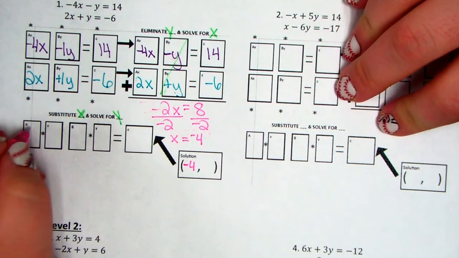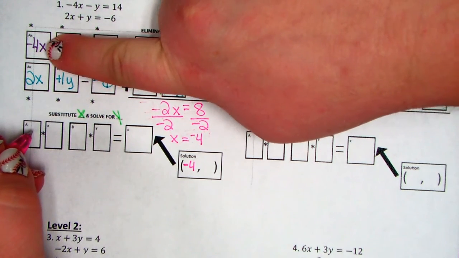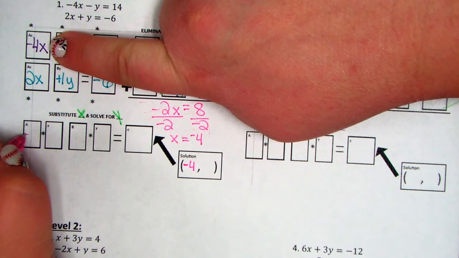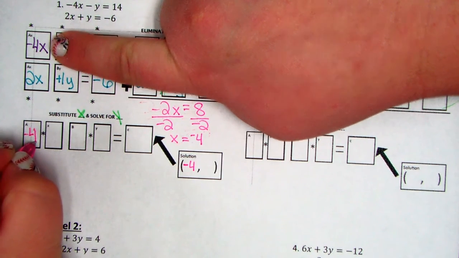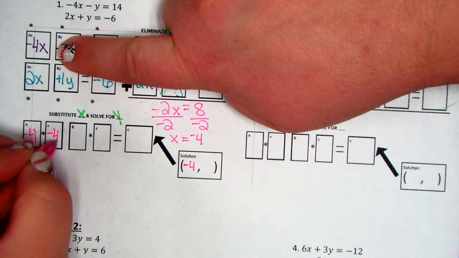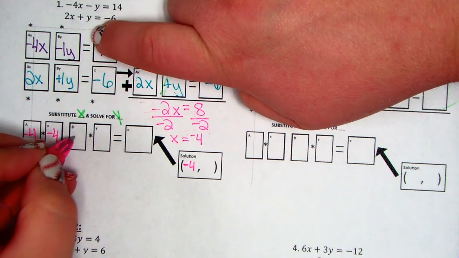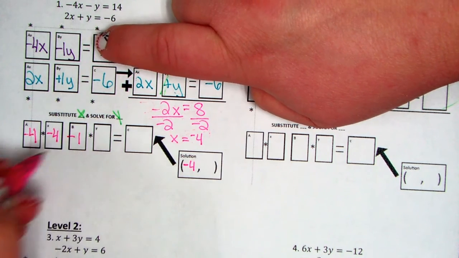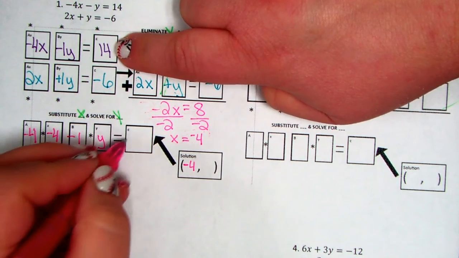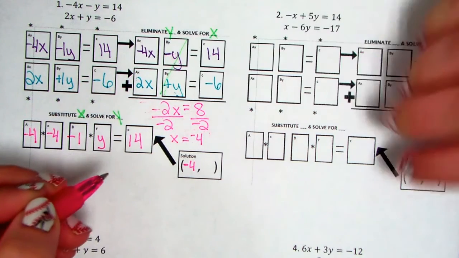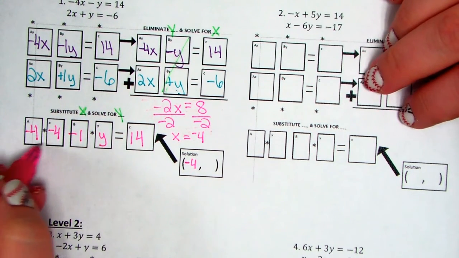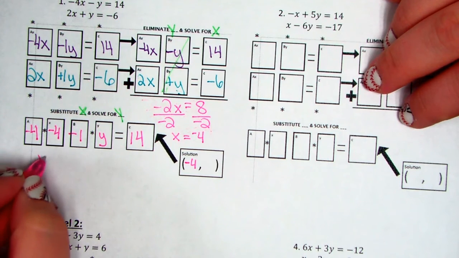So I'm going to choose to use the first equation here, but you could use the other one if you'd like. I have negative 4 times, what do we have for x? Negative 4. Minus 1 times y equals 14. Negative 4 times negative 4 is positive 16.